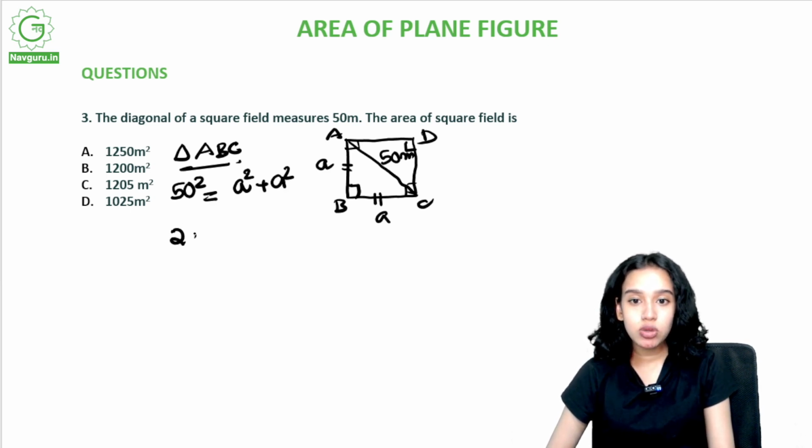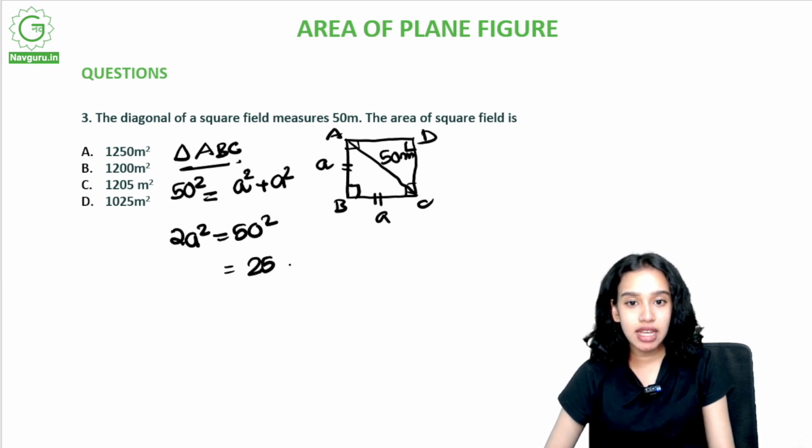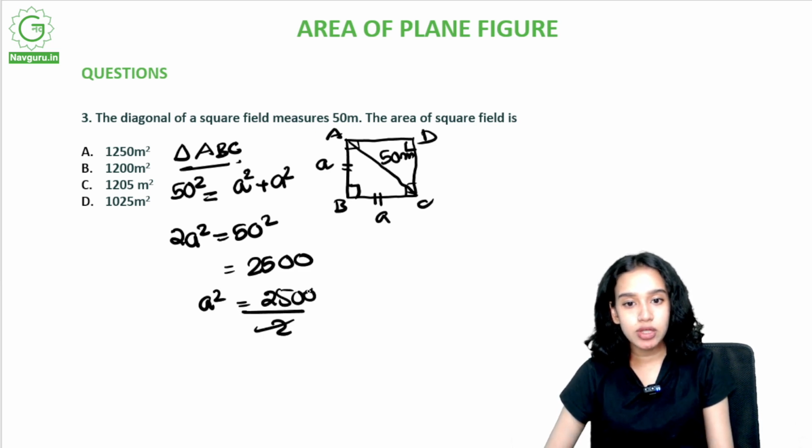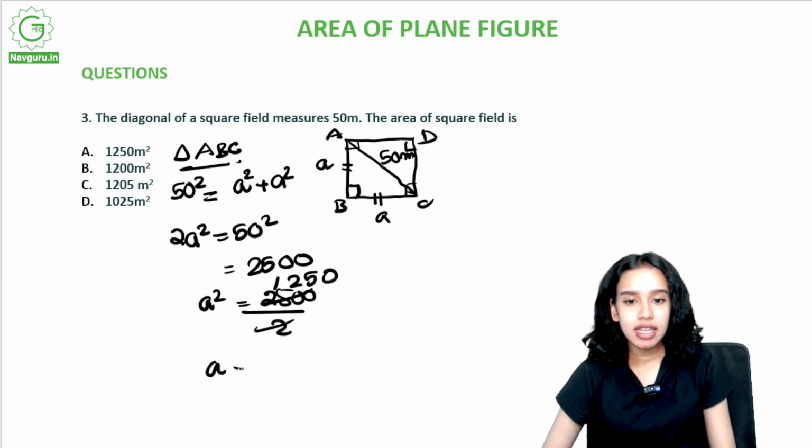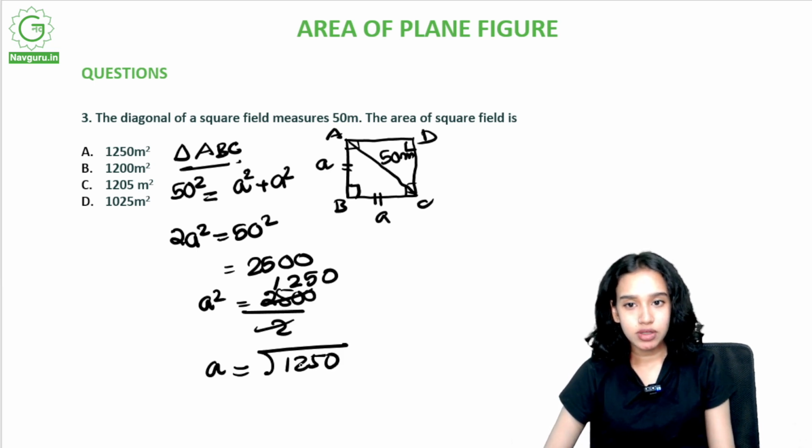So, let's say 2 times A square is equal to 50 square. So, what is 50 square? 5 square is 25 and 0 gets 2 zeros, so 2500. Now, what is A square? A square becomes 2500 by 2, which gives us 1250, right? Now, what is A? A is equal to root of 1250, right?